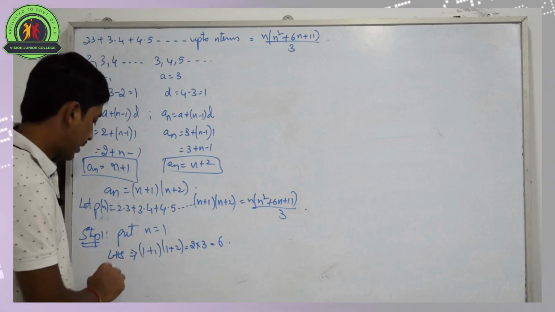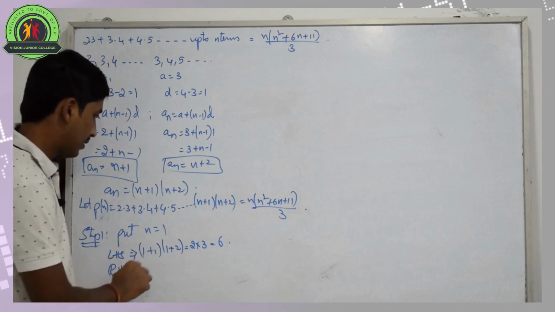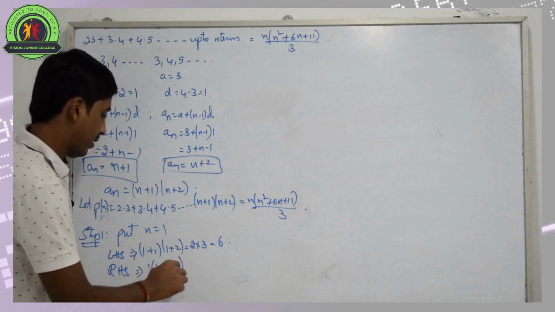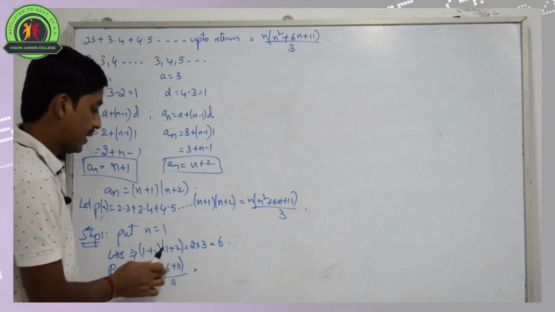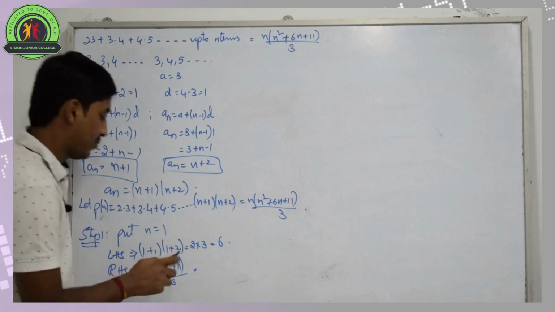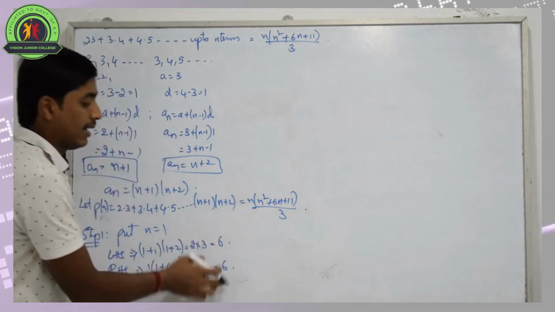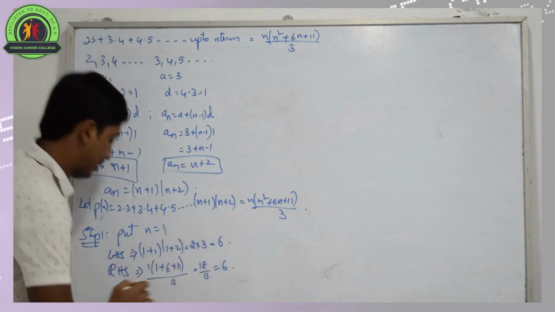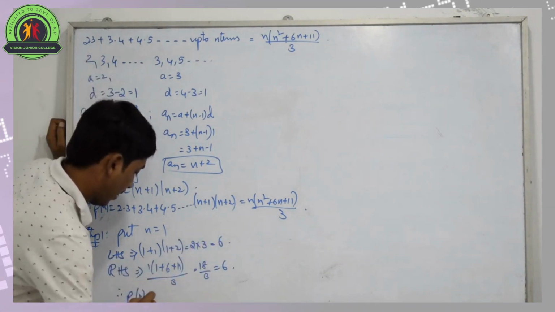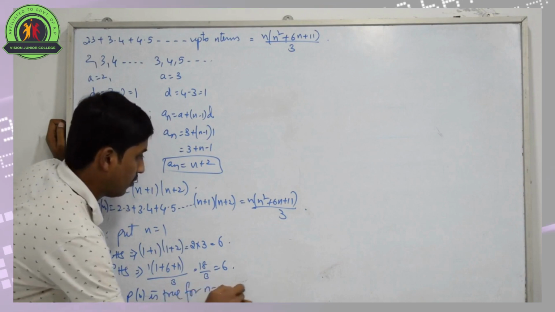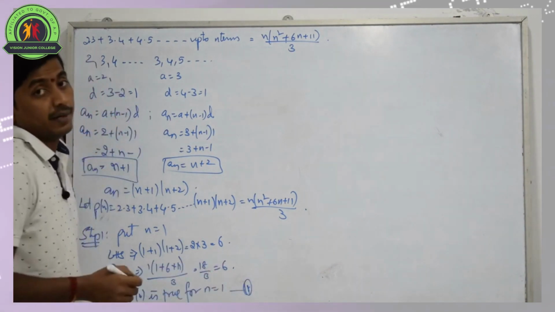And the RHS is 1 into 1 plus 6 plus 11 divided by 3. 11 plus 6, 17, 17 plus 1, 18 by 3, that is 6. LHS is equal to RHS. Therefore, P of n is true for n equal to 1. This is my first statement.